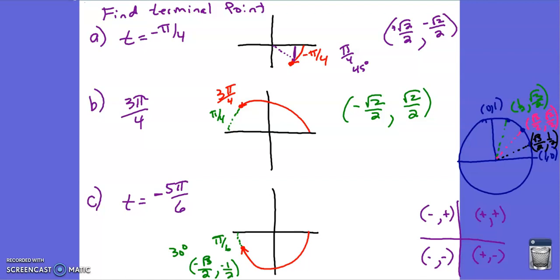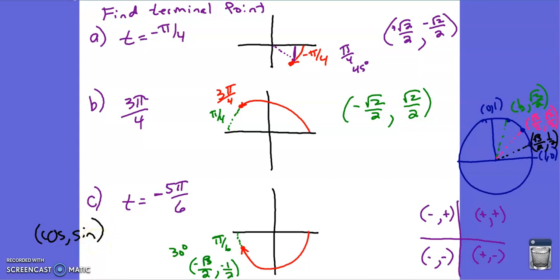I also wanted to point out that I'm looking for exact answers for the terminal point, not decimal approximations. We could also do this using a calculator, remembering that a point is made up of cosine, sine.